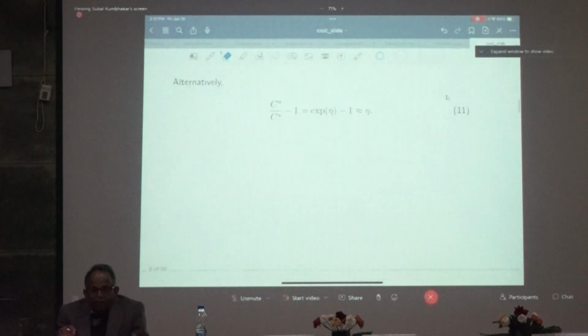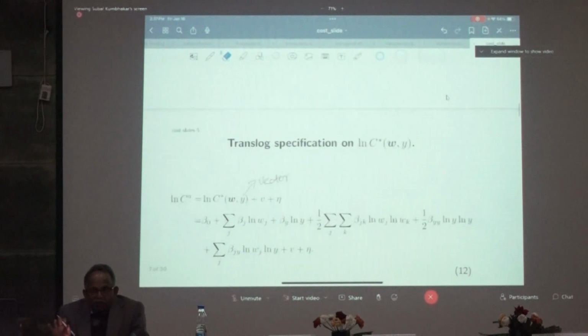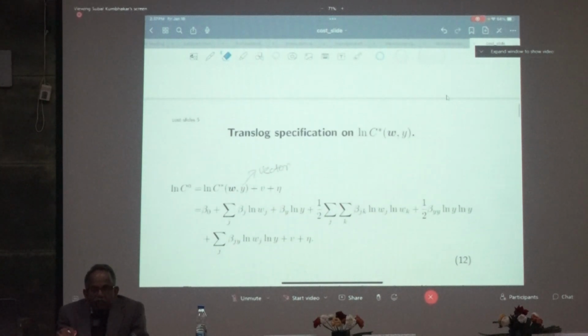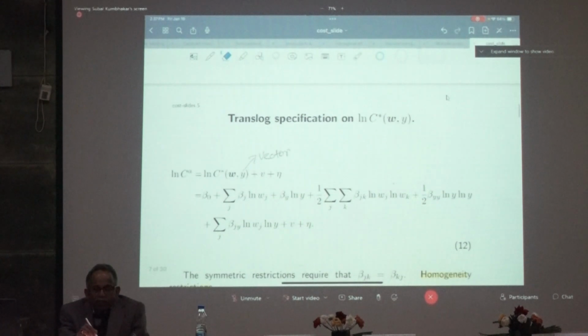So here I have a translog specification, but never mind that. This is the minimum cost, and we are specifying a function for that. If I cross out this part, let's just get rid of this. Then, what is it?